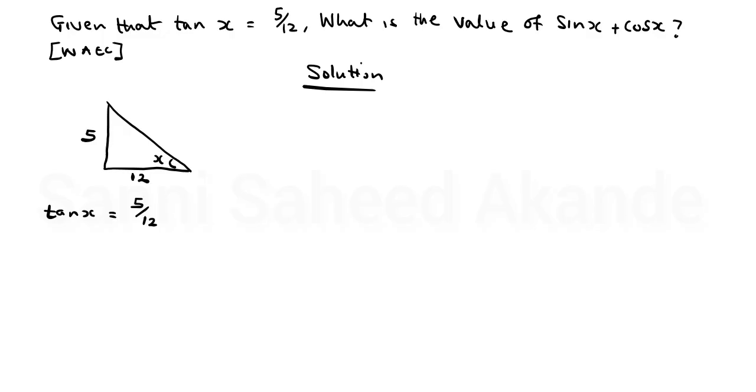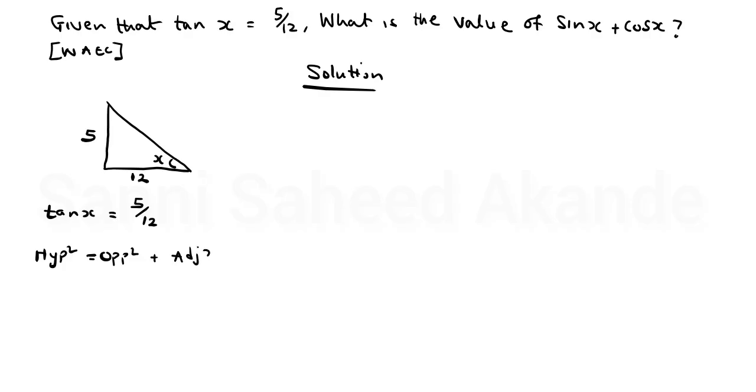Before I can find sine x and cos x, I have to know what my hypotenuse is. So I'm going to do that using Pythagoras theorem. Hypotenuse squared is equal to opposite squared plus adjacent squared. That is Pythagoras theorem.